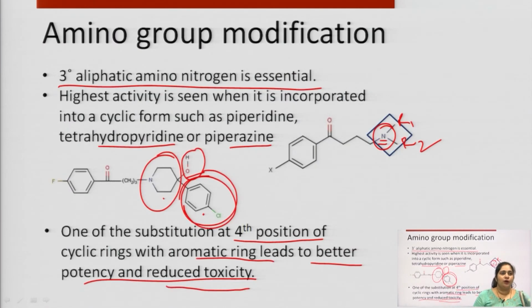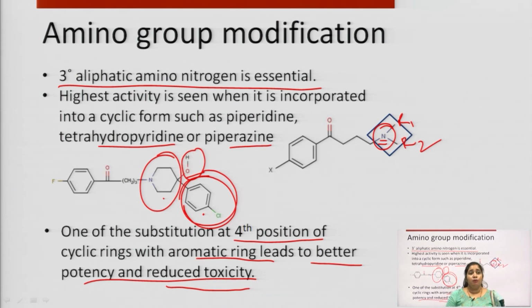Further, when we talk about amino group modification, as we all know that when we are talking about antipsychotic potential, the nitrogen must be tertiary. Nitrogen in the primary and the secondary amino group will not have sufficient antipsychotic potential. So, highest activity can be seen when we incorporate some of the cyclic structures like piperidine, tetrahydropyridine or piperazine.